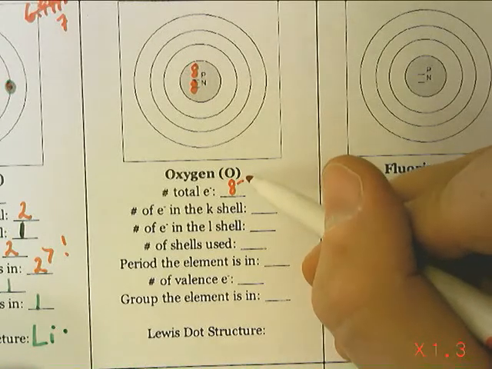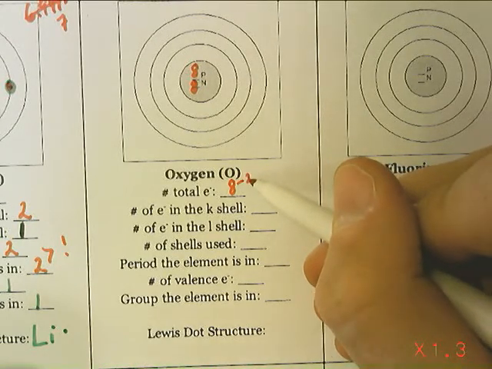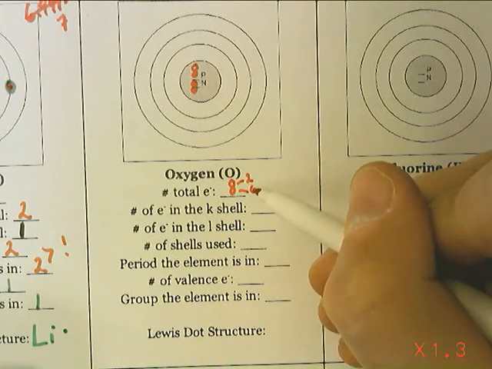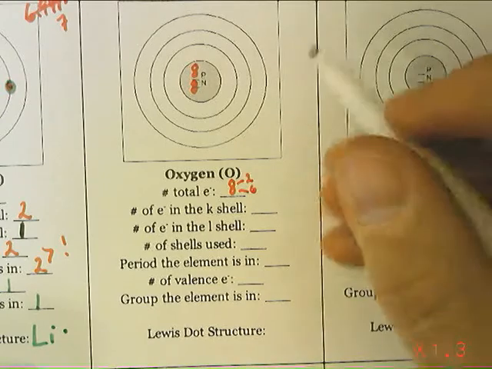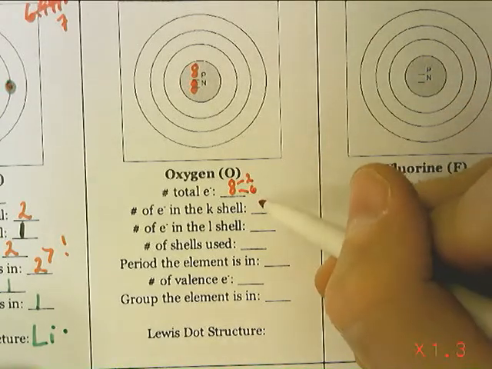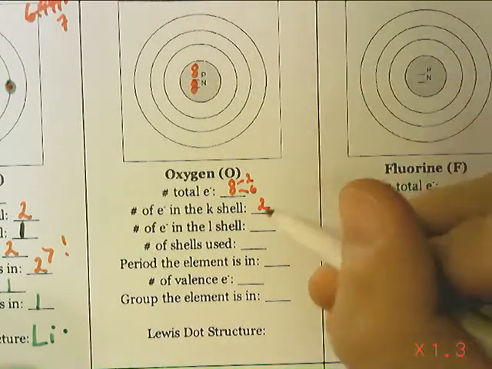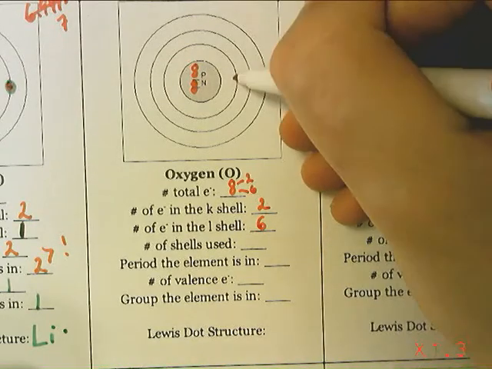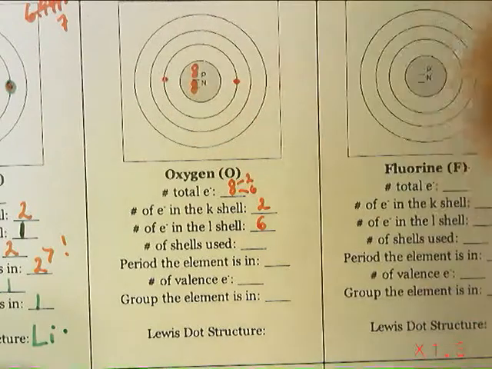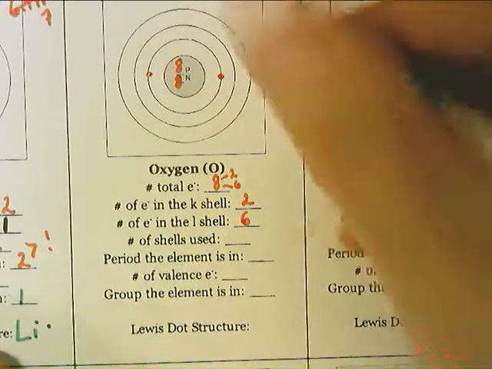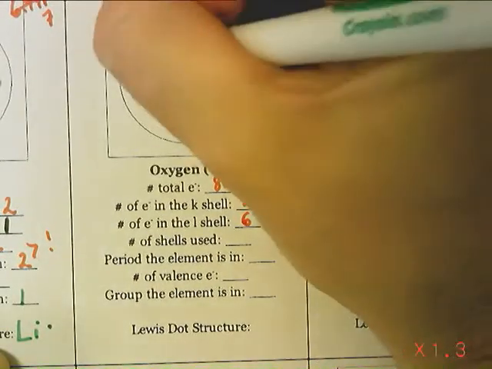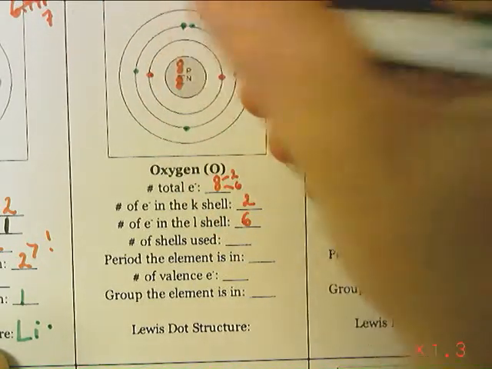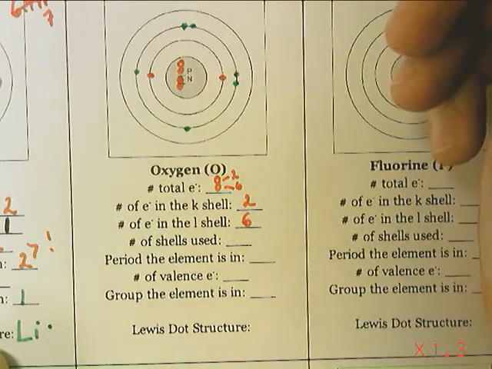Now what we remember from before is that 2 electrons can go in the K shell and that the other 6 have to go in the next shell out, the L shell. 2 in the K, 6 in the L. So we'll put 2 here, 1, 2, and now we have valence electrons. 3, 4, 5, 6, 7, 8 total electrons.